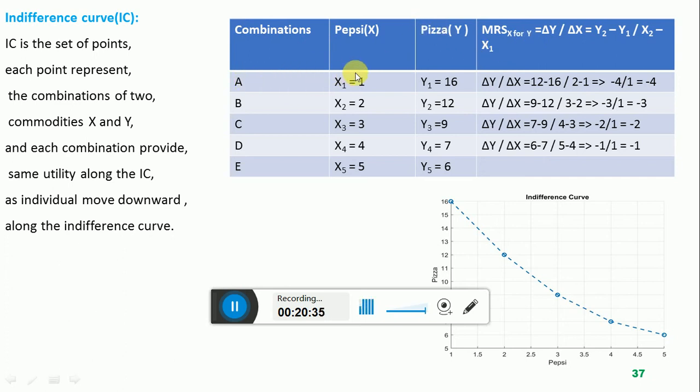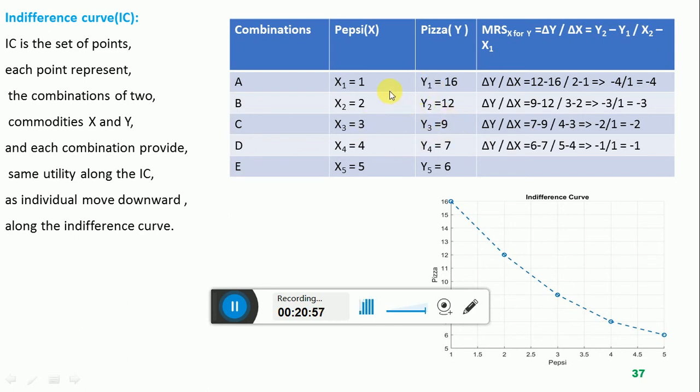First combination A: the consumer purchases 1 Pepsi and 16 pizzas. Second combination B: the consumer purchases 2 Pepsis and 12 pizzas. Third combination C: 3 Pepsi and 9 pizzas, and so on.